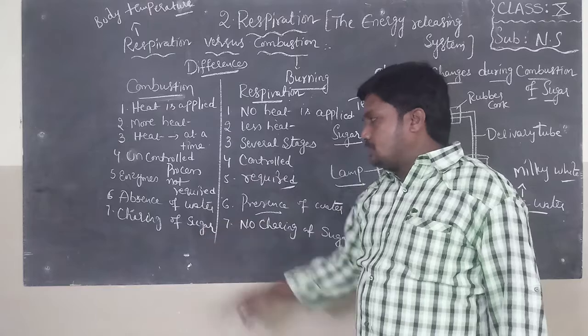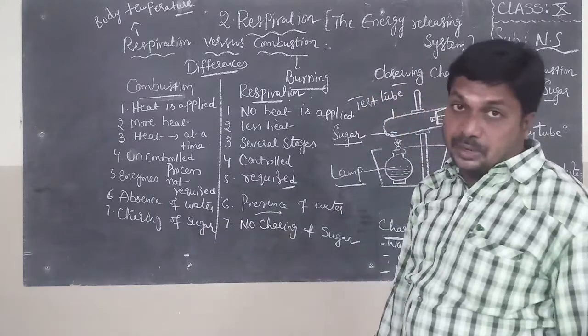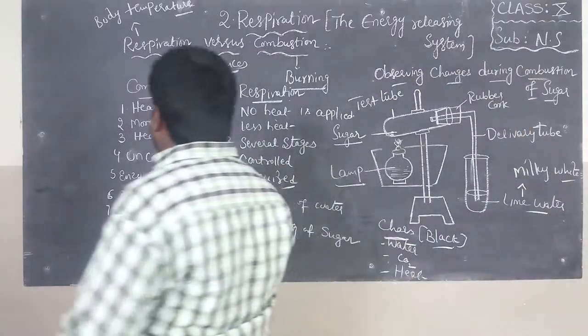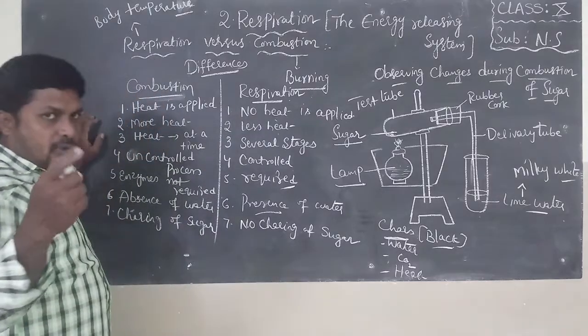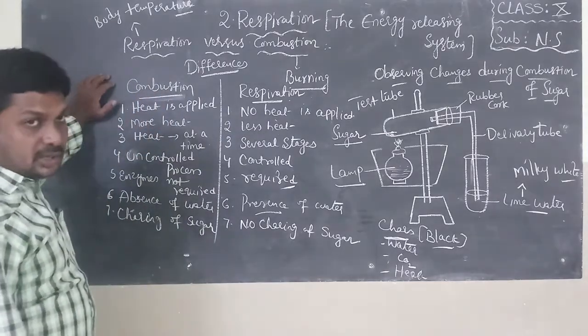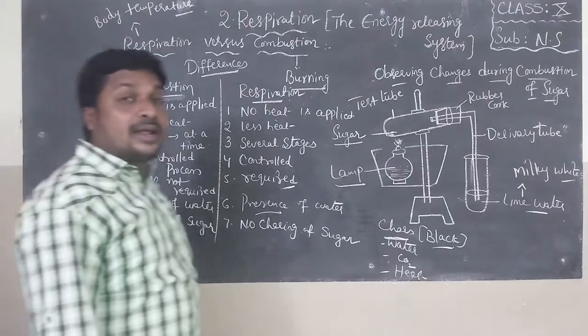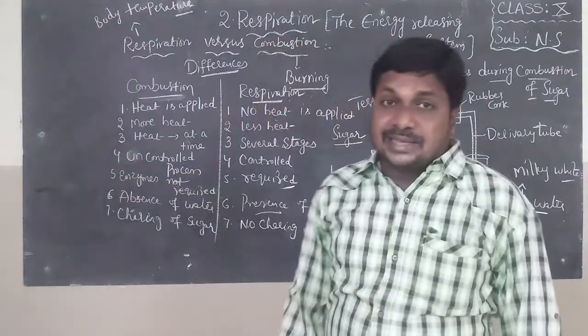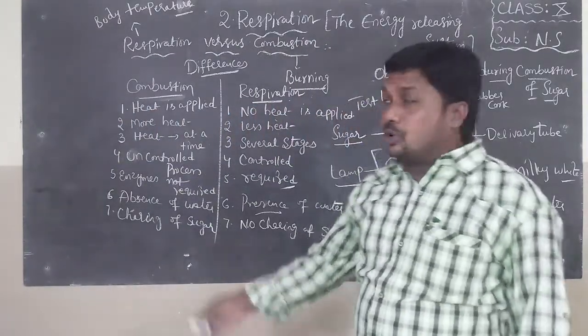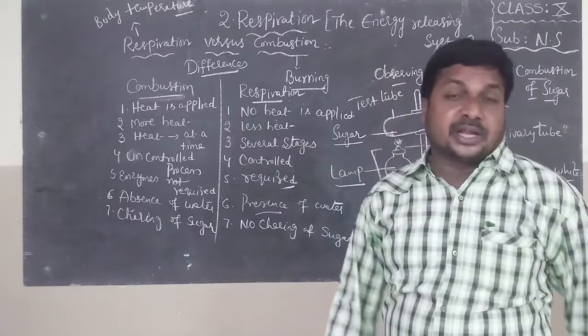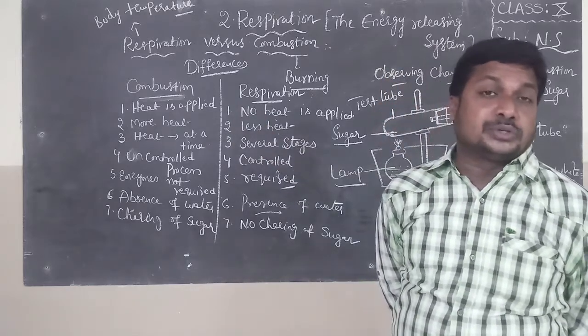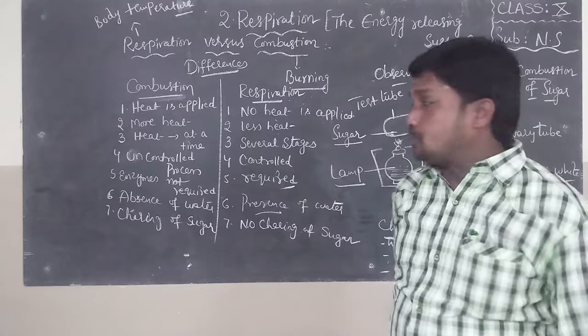Charring of sugar takes place in combustion. So these are the seven differences, and first you have to learn these. Combustion is the burning of organic matter to release energy as heat. Respiration is the oxidation of food material to release energy.